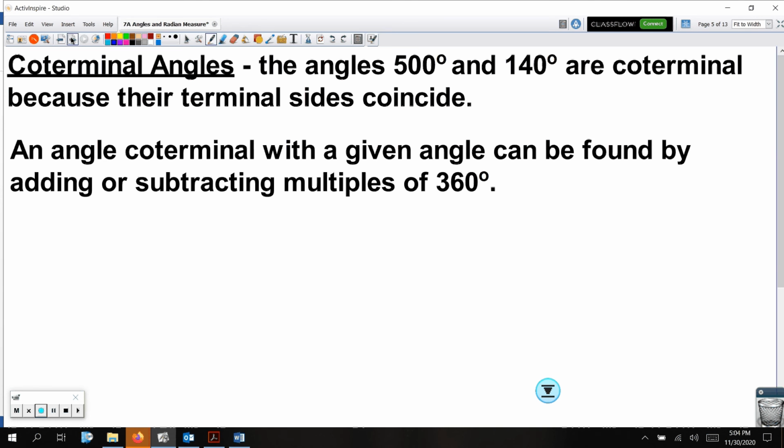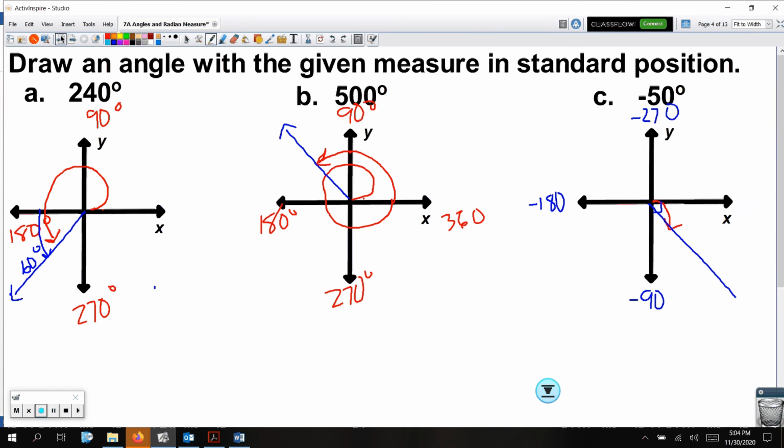Okay, so it just means, if we look at this picture, if we look at C, I have 50 degrees, and if I went the other way, I'm going to use pink, and I come to here, that's going to be coterminal.